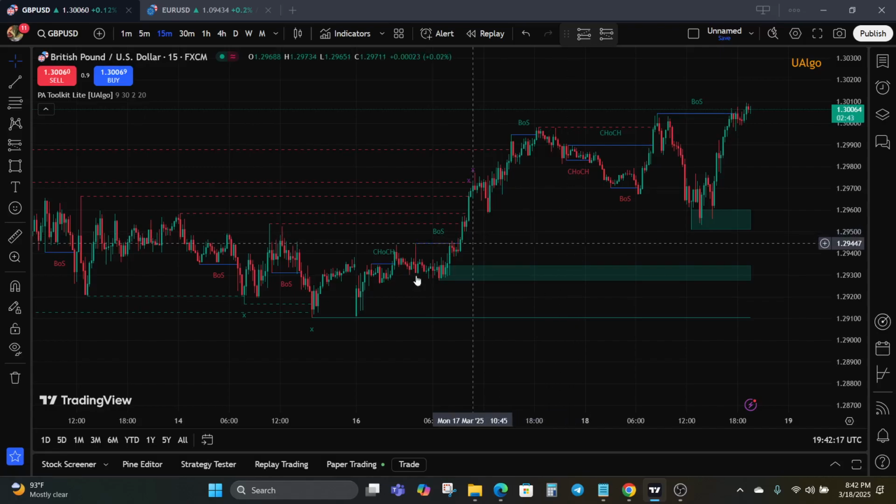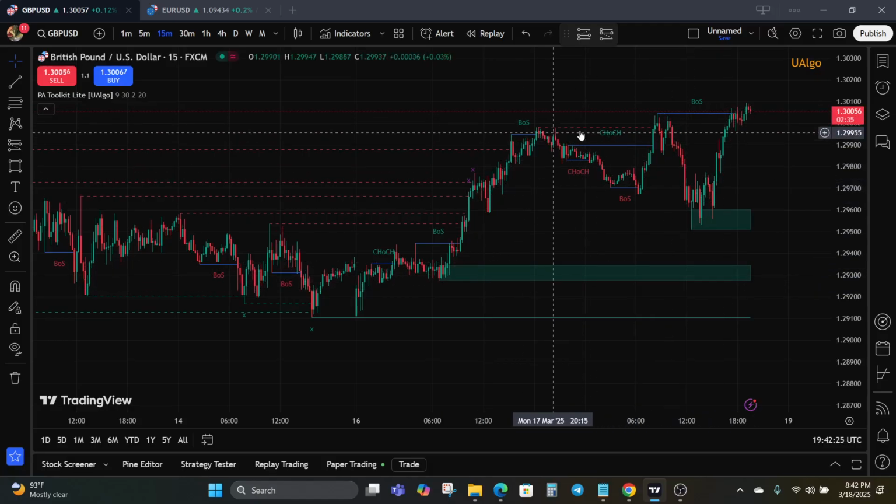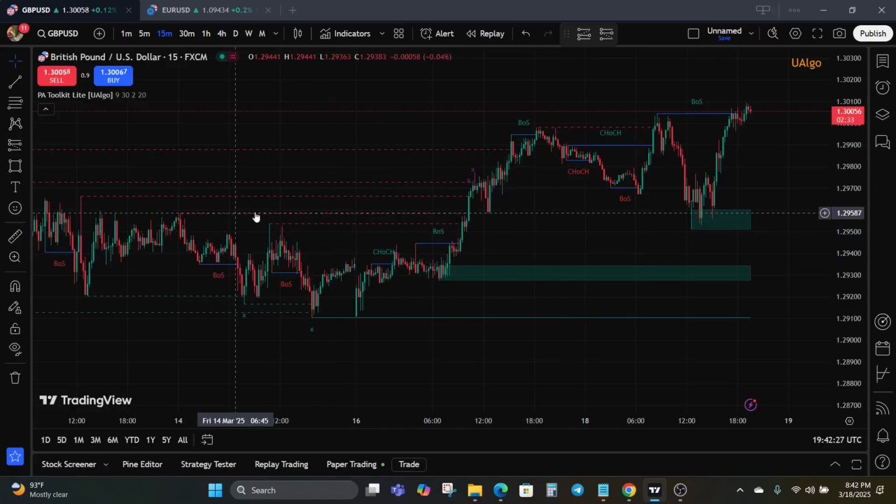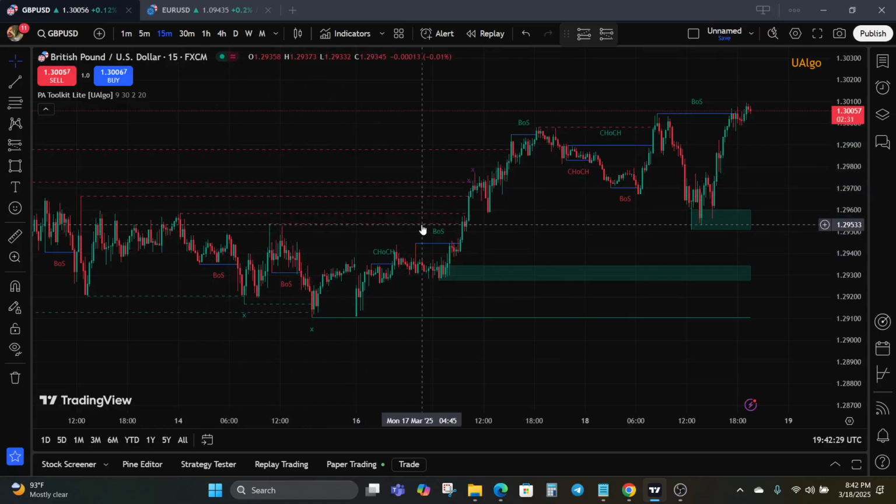Plus, it identifies key support and resistance levels on the chart, giving you a clear view of how price is reacting in real time.